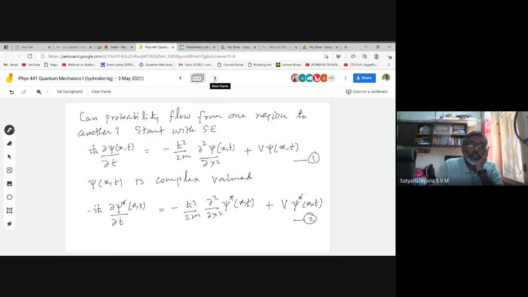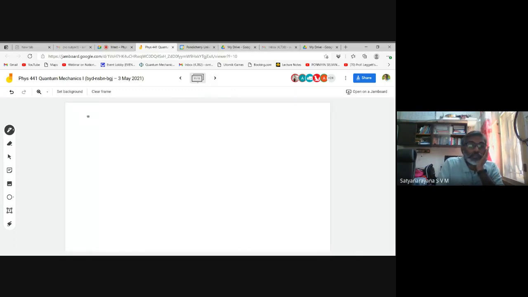And now we can ask, suppose you take 1 minus 2. Before I do that, I multiply equation 1 with psi star and multiply equation 2 with psi. Then I have i h bar times psi star del psi by del t plus psi del psi star by del t on the left hand side.